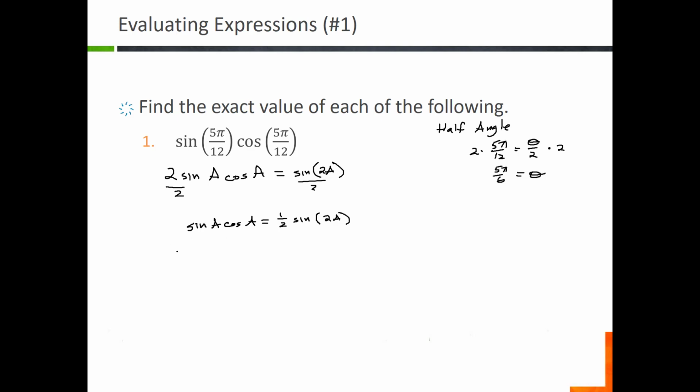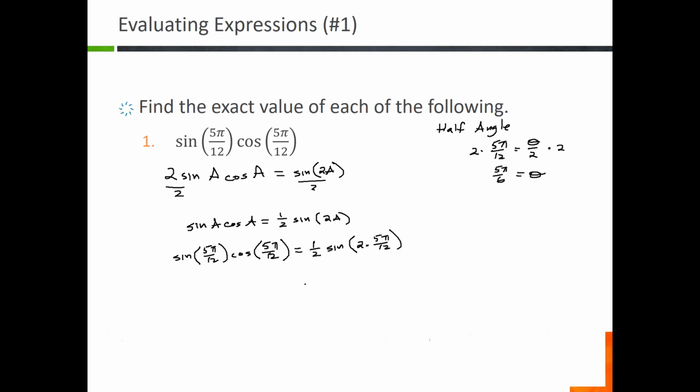Okay, so that means the sine of 5 pi over 12 times the cosine of 5 pi over 12 must equal 1/2 the sine of 2 times 5 pi over 12.